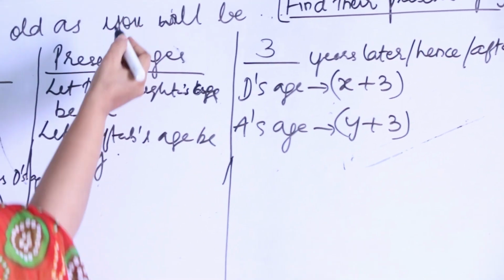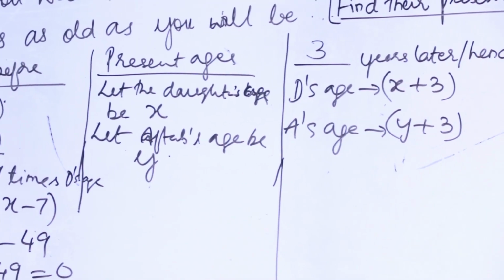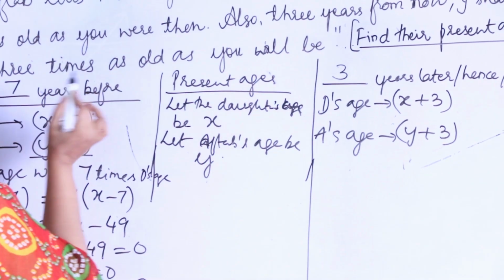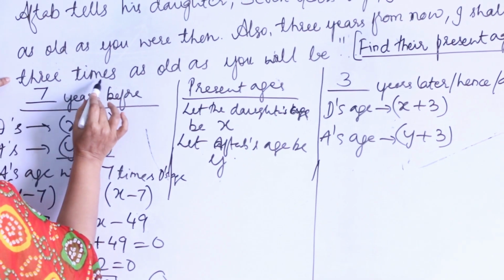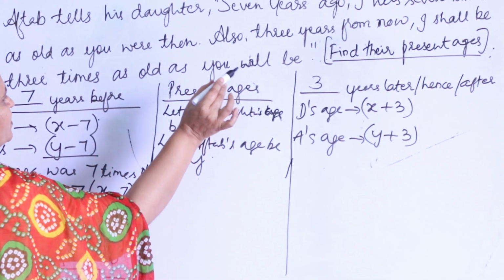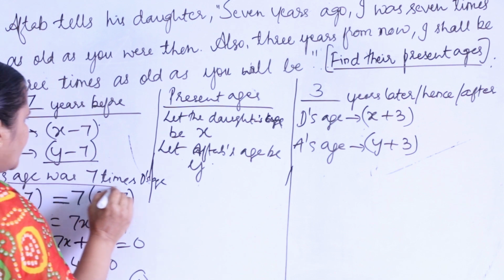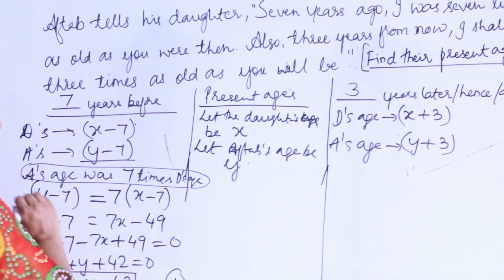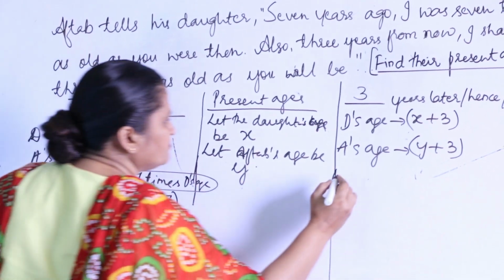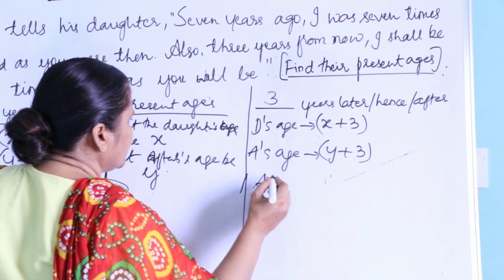Now, we will apply the condition given here. 3 years from now, I shall be 3 times as old as you will be. So, what did I say? Here, you should first write in simple words. Okay? I means it is Aftab who is telling.